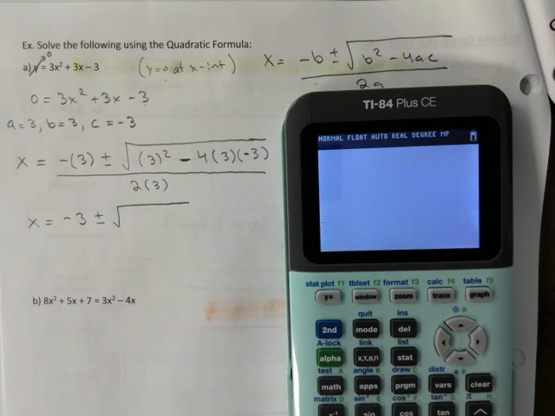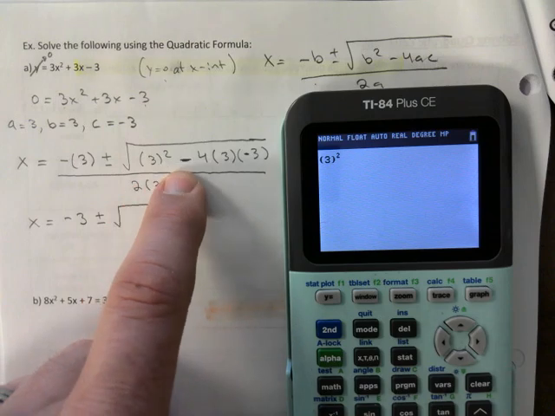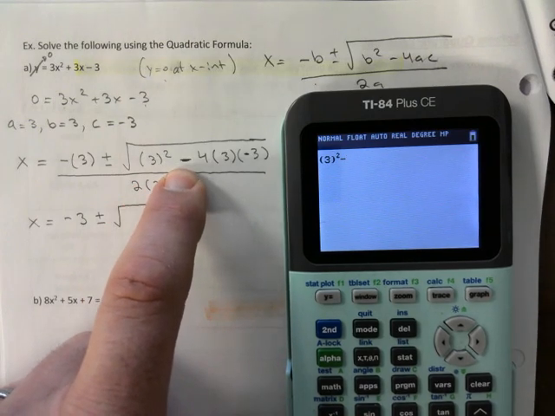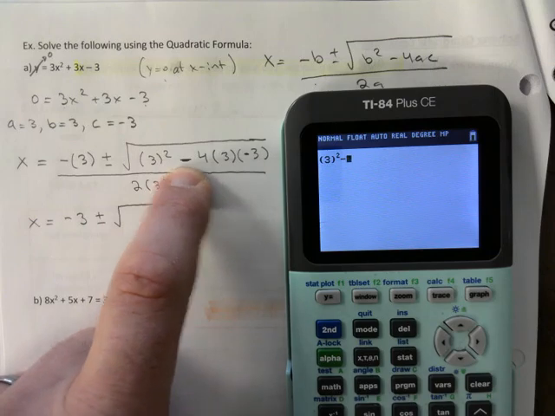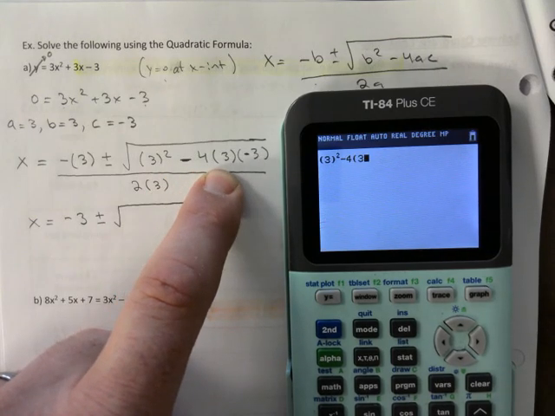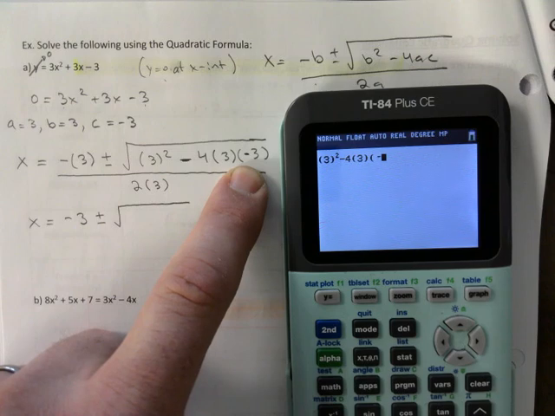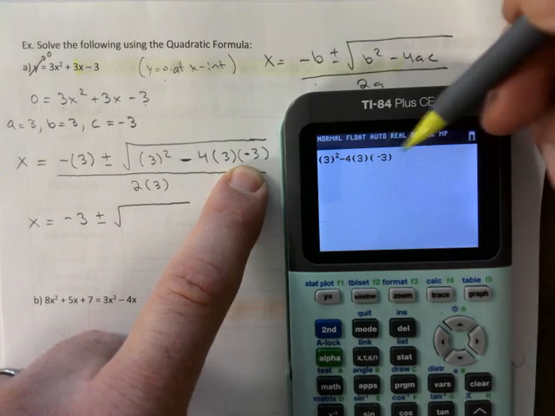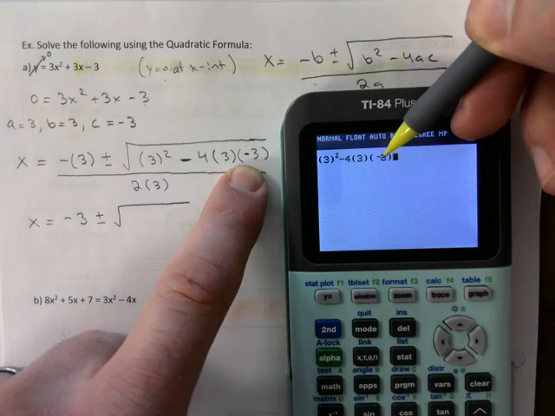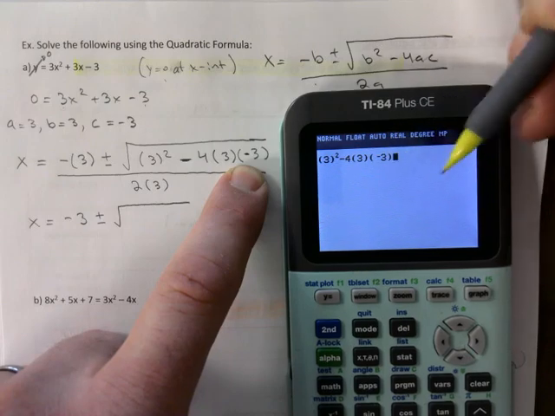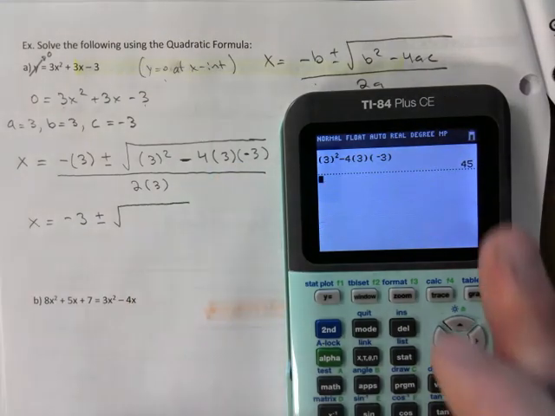If you don't want to worry about signs, then use brackets. So it's 3 squared, minus, not negative, 4 times 3 times negative 3. When you're inserting a value with a sign, you have to use the negative button, the one in brackets. Then hit enter, and you get 45.